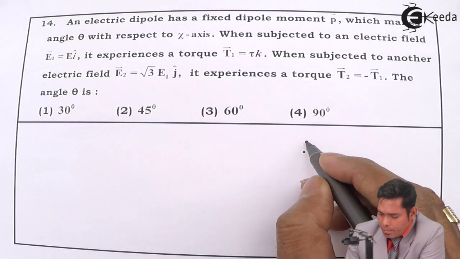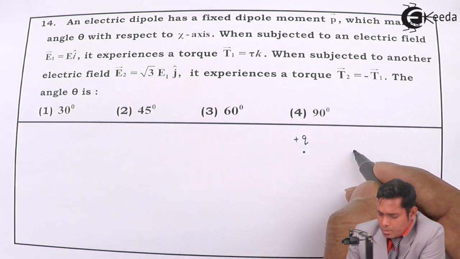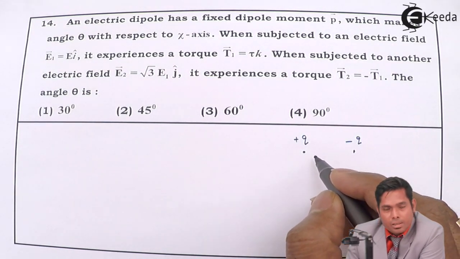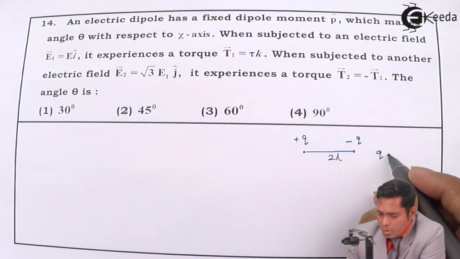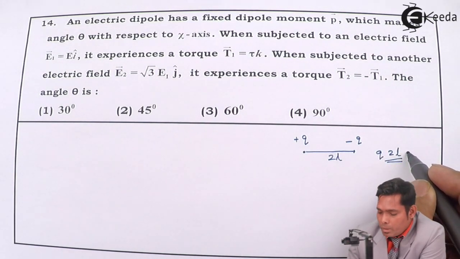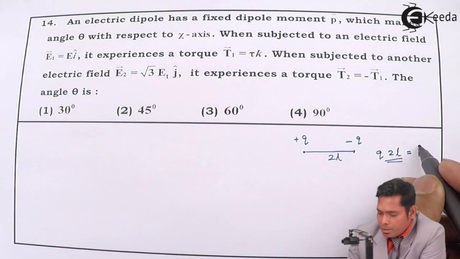If we have a plus charge Q here and a minus charge Q here, two equal and opposite charges separated by a finite distance, say 2L, then Q into 2L is the dipole moment, which is represented as P.